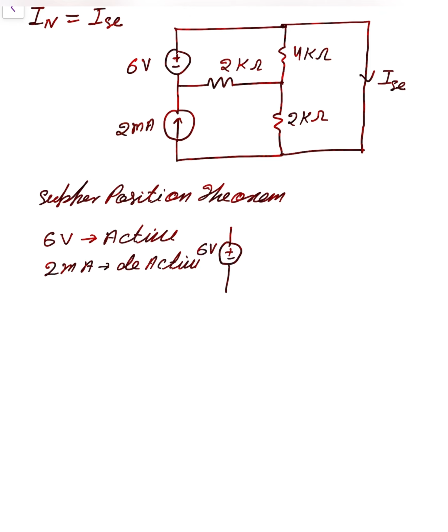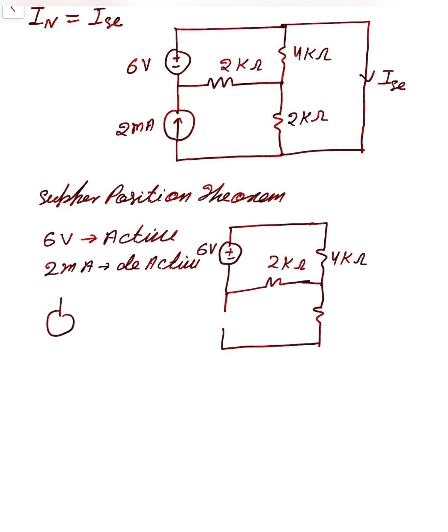So we have 2 kilo ohm and 4 kilo ohm, and after removing, the 2 milliampere behaves as an open circuit, then 2 kilo ohm.